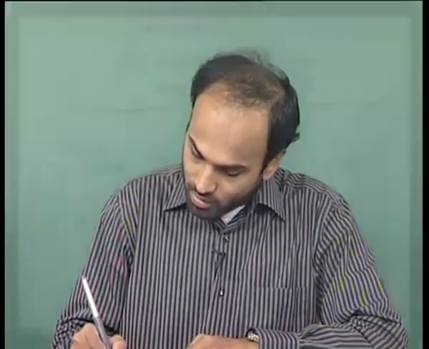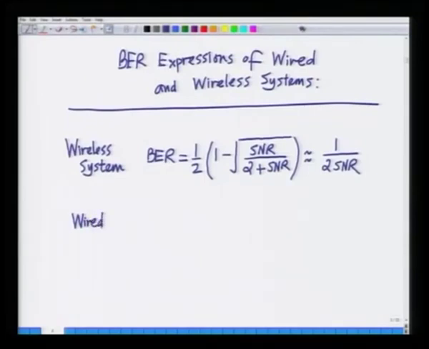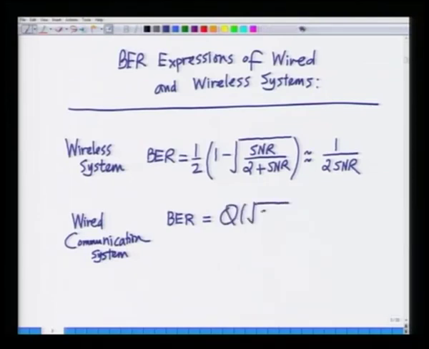In a wired communication system, we said the bit error rate equals the Q function of square root of SNR.